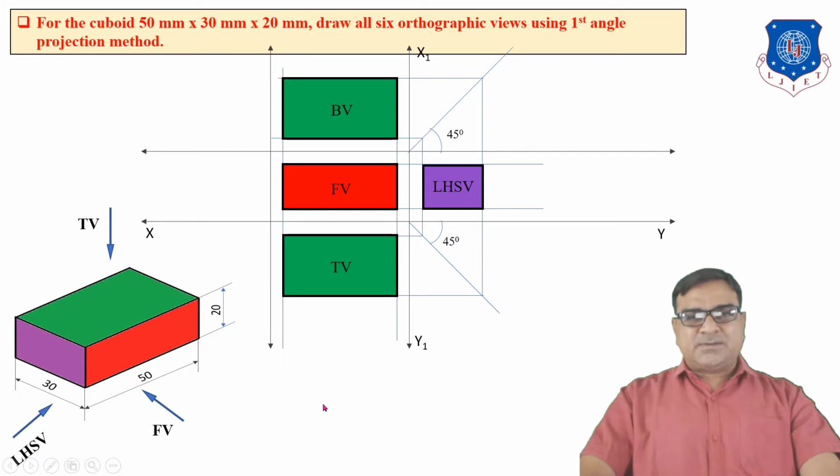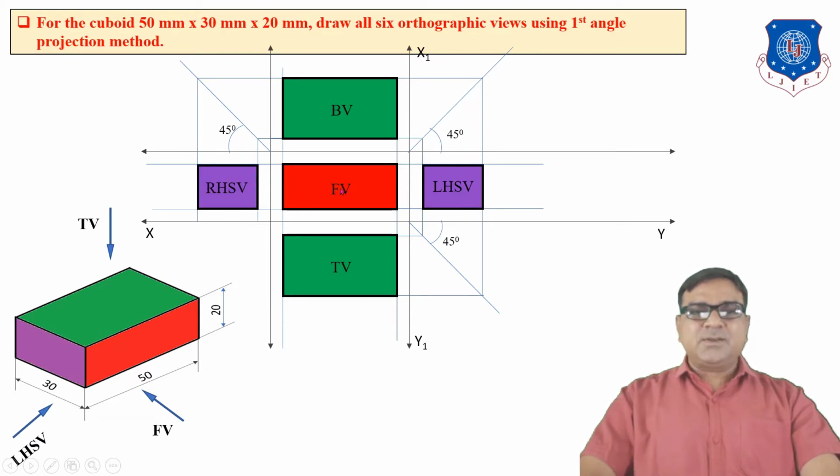Another reference X1Y1 line, 45 degree, extend from bottom view and draw the right hand side. So in first angle projection method, left hand side view is always right of the front view and right hand side view always left of the front.